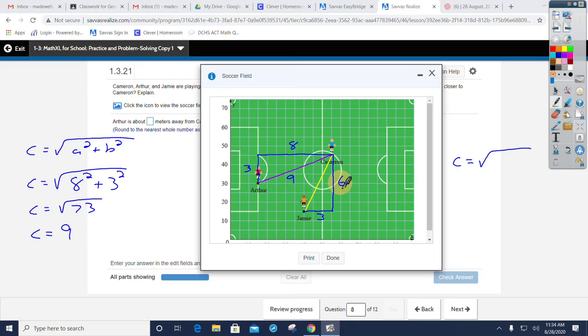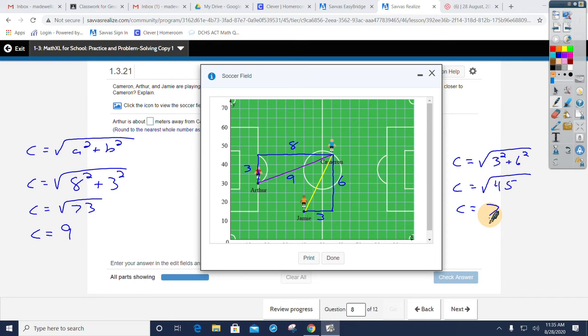But I need to get the answer because I think it wants me to put those answers in. So that's going to be 3 squared plus 6 squared. So that's going to be 9 plus 36, which would be 45. And if I take the square root of that, it's going to be 6.7, so it'll round up to 7.